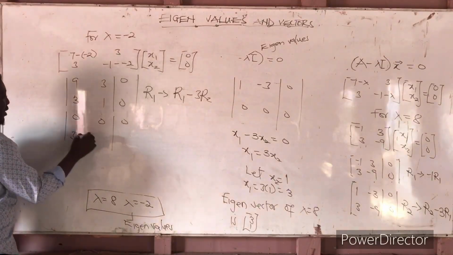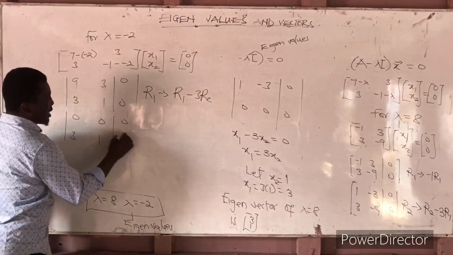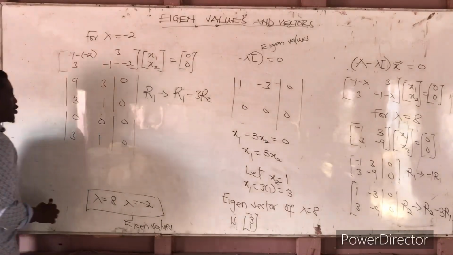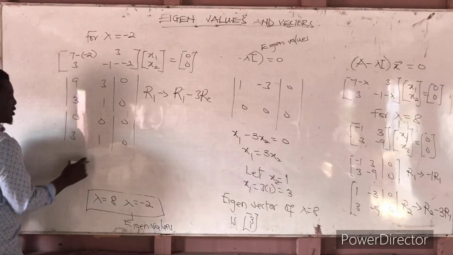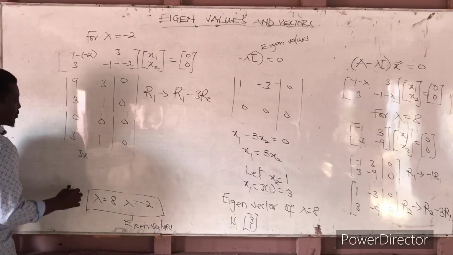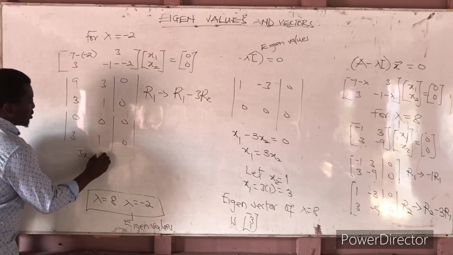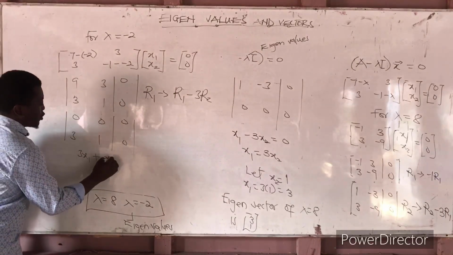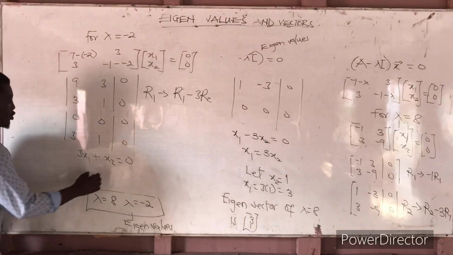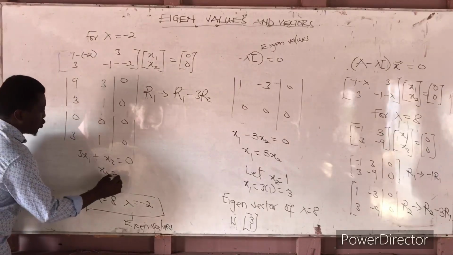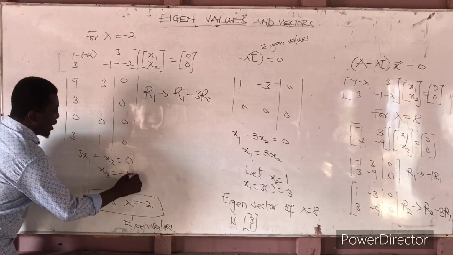So you get 0, 0, and the second row 3, 1, 0. So at the end, you get 3x1 plus x2 is equal to 0. So you can see that x2 is equal to minus 3x1.